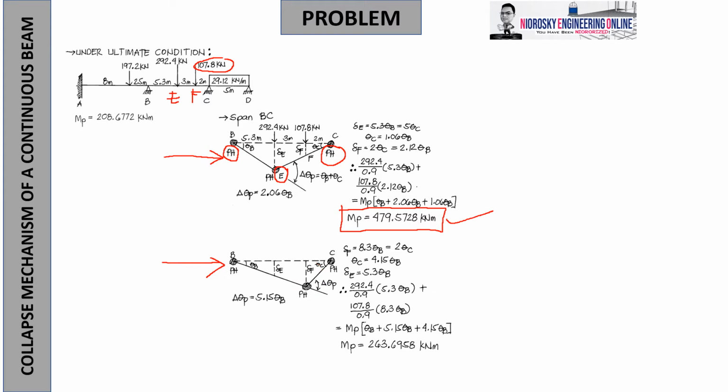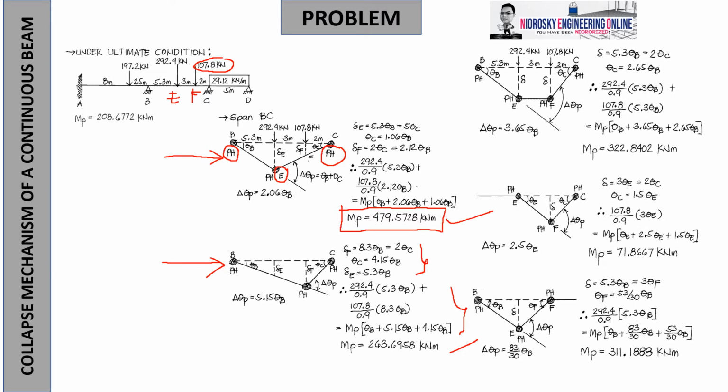That will be the governing state of the hinging, and then doing the small angle theorem analysis and correlation, as well as energy in equals energy out, we will have 263.6958. And of course, completing the analogy, what if both loads execute equal deflection, or both of the points will consider flat leveled hinging.